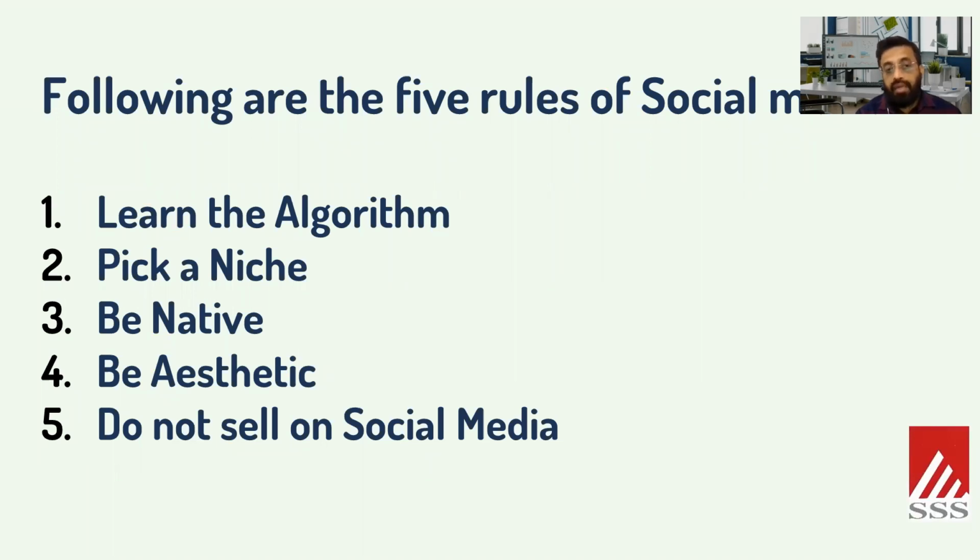And we have to be very native to the platform, because the photos that you take for YouTube will not run properly on Instagram, and the videos that you put on Instagram will not run properly on YouTube, because YouTube videos have a different angle and Instagram's layout is different.